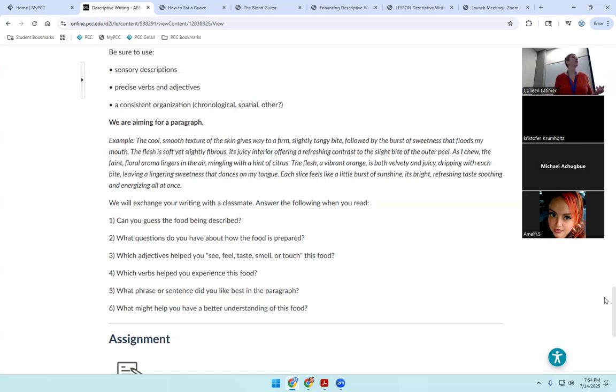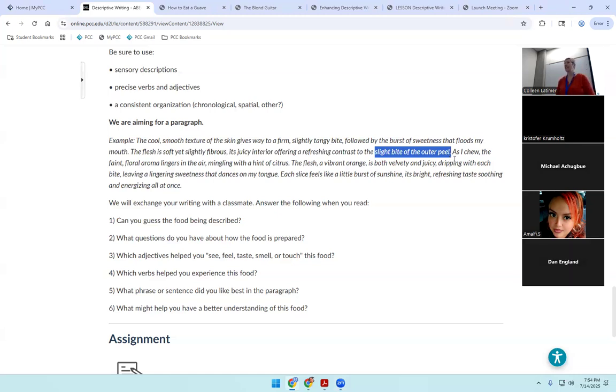It's got an outer peel. There's citrus. But if they are biting through the slight bite of the outer peel, I don't know anybody that eats right through an orange would eat the peel. Yeah, could be. I think it's a mango, but they don't say. And a pear works just as well for the way that this is described, for sure.